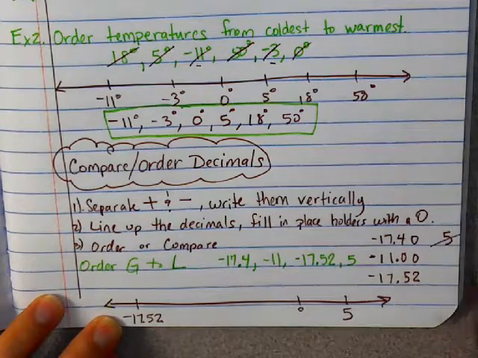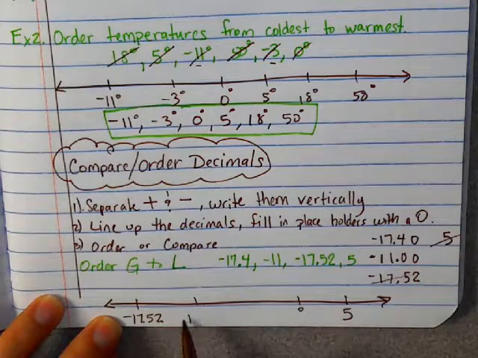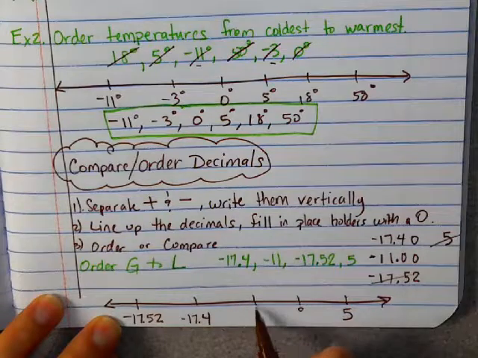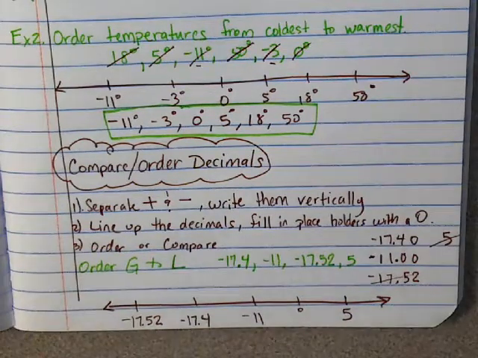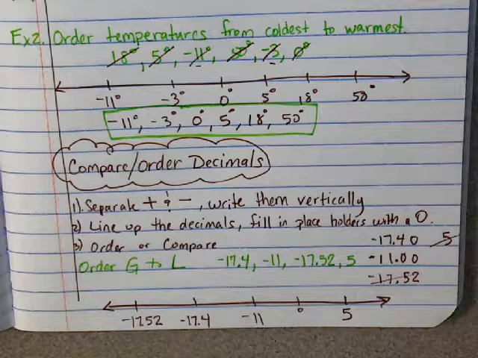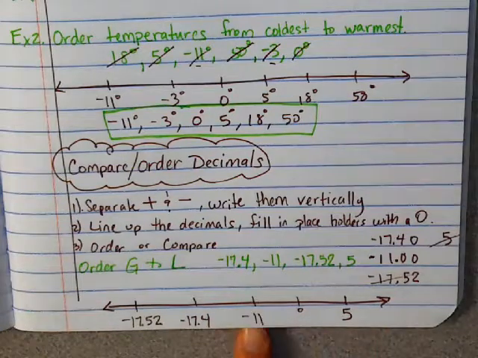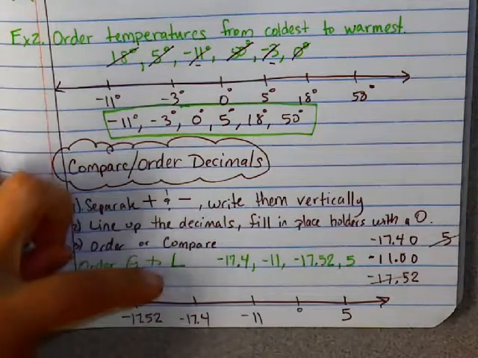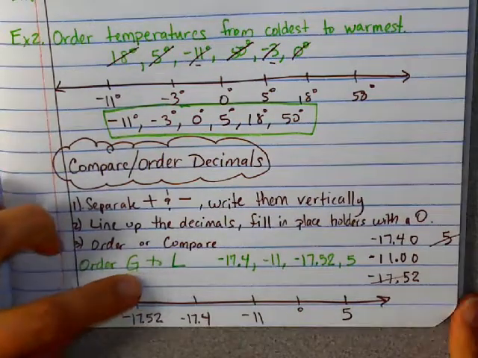Forgot to cross that one out. So we're going to cross that one out. And then negative 17 and 4/10. And then negative 11 will be somewhere here. So now when we list it from greatest to least, it's already done for me here, but I do need to list it. So I'm just going to list it right above it because I don't have any room below it.